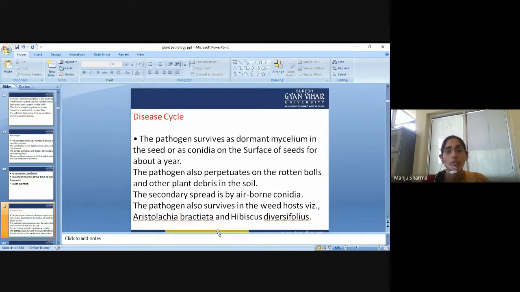But if crop debris is there, they can get their nutrients from it easily. The secondary spread is by airborne conidia, and the pathogen also survives in weed hosts like Aristolochia bracteata and Hibiscus diversifolius.